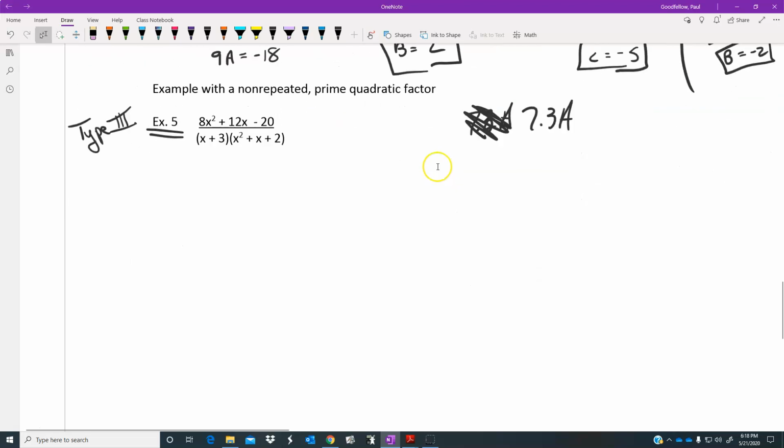Okay, now the type 3, if you read the example up here, is based on the fact that it is a non-repeater, very similar to type 1, but this time around we're dealing with what's referred to as a quadratic prime factor. The key here is the word prime.